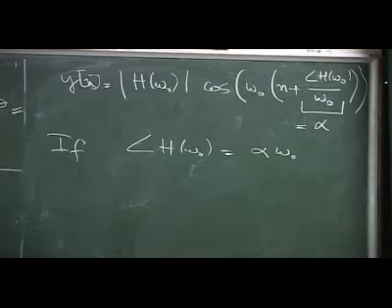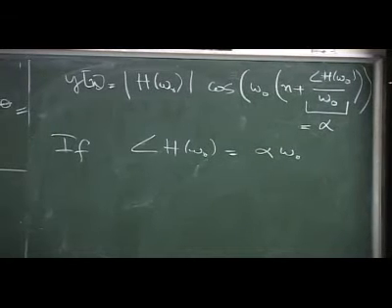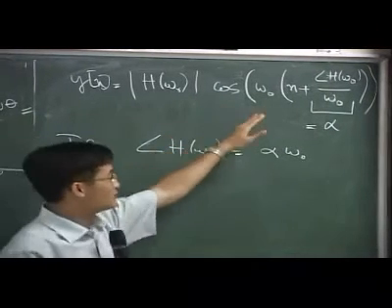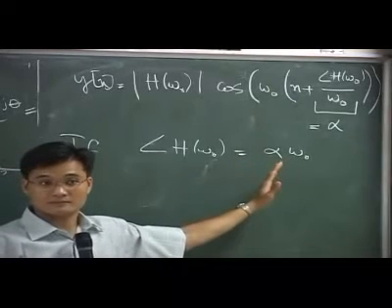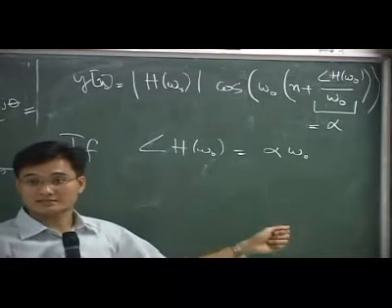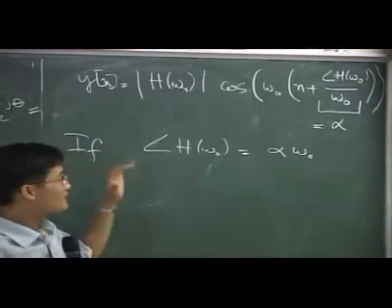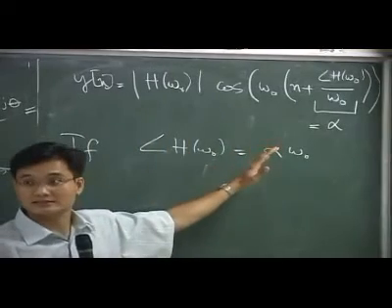The phase shift is constant for every frequency. Doesn't matter what omega naught is, it is always shifted by the same amount. Right? Now what happens if that's not the case? Then for different frequencies, it gets shifted differently.